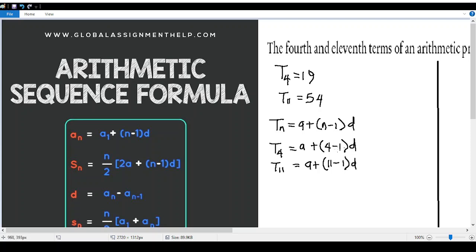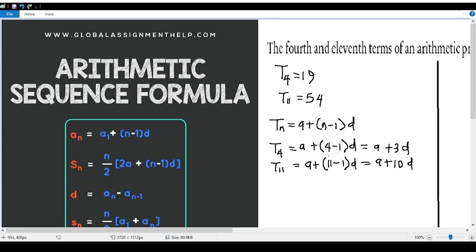So if we resolve this, it's going to be equal to a, 4 minus 1 gives you 3, 3 times d gives you 3d. So we have here plus 3d. And then here we have a plus 11 minus 1 gives you 10, 10 times d gives you 10d.